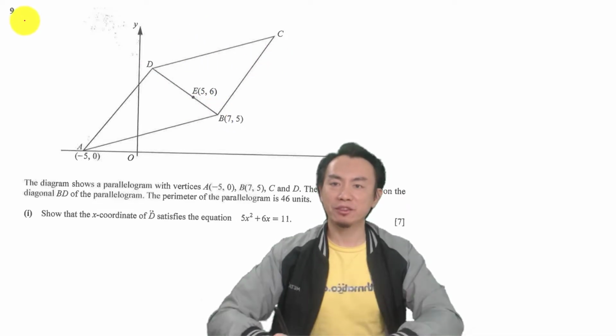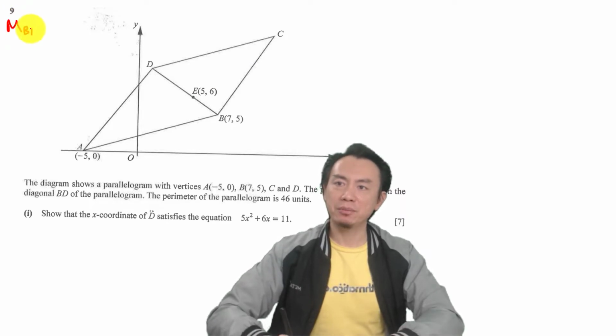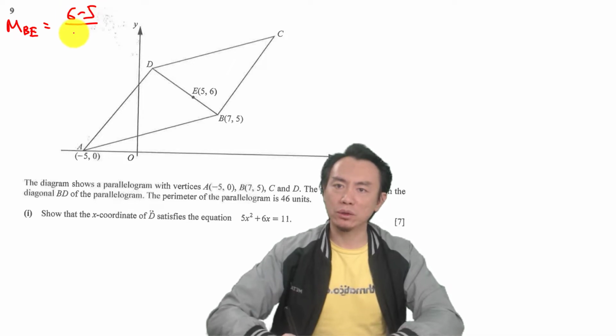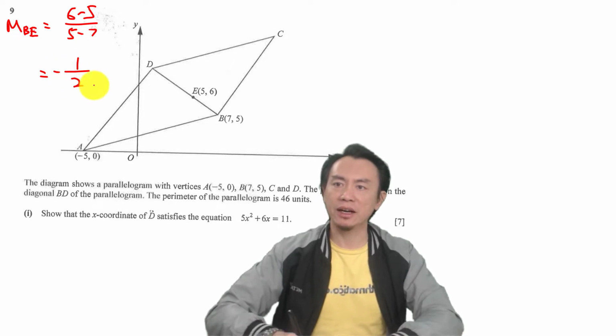So let's first find the gradient of BE. M of BE is equals to y2 minus y1 over x2 minus x1. So you have 1 over negative 2, isn't it? So that's negative half.